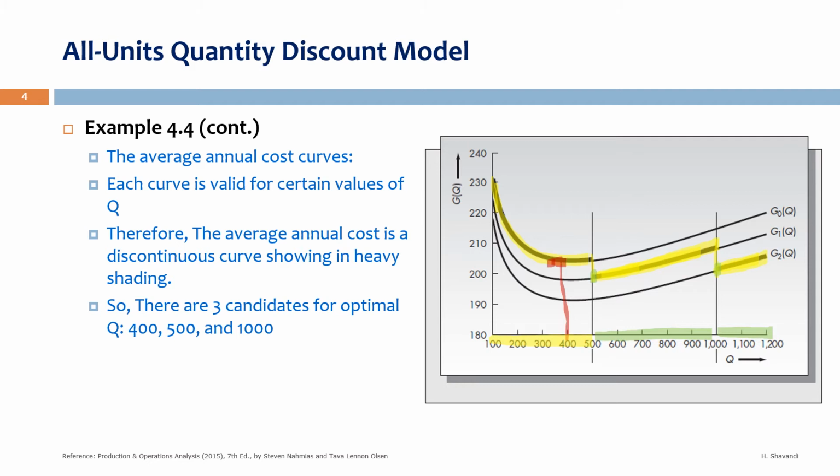I mean the breakpoints would be considered as the ordering quantity. Then we will calculate the total average inventory cost for these three options. One option is the EOQ for the first interval, and for the next two intervals, the lower breakpoints, 500 and 1,000, are our options for ordering. We'll see which one has a lower average inventory cost, and that will be our optimal ordering quantity.